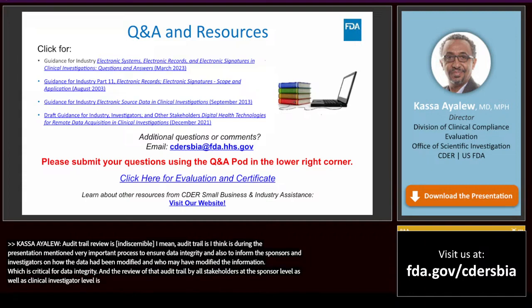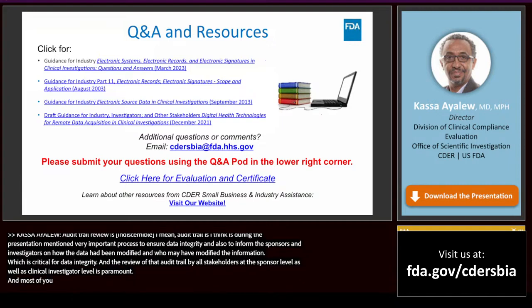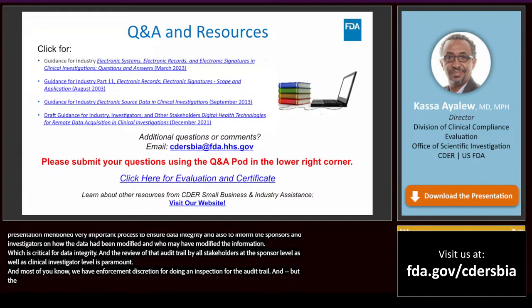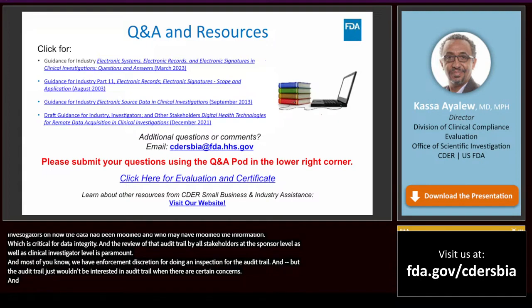And as most of you know, we have enforcement discretion during inspection for the audit trail. But we will be interested in the audit trail when there are certain concerns, and it would benefit the sponsors and other stakeholders to have a periodic review of the audit trail, which doesn't happen often, at least based on anecdotal experience.